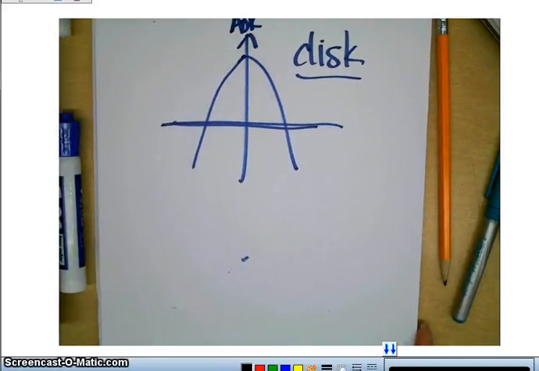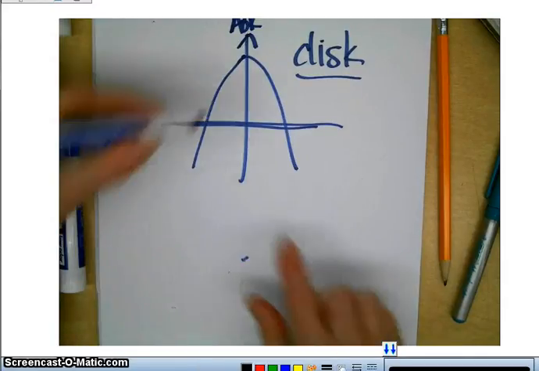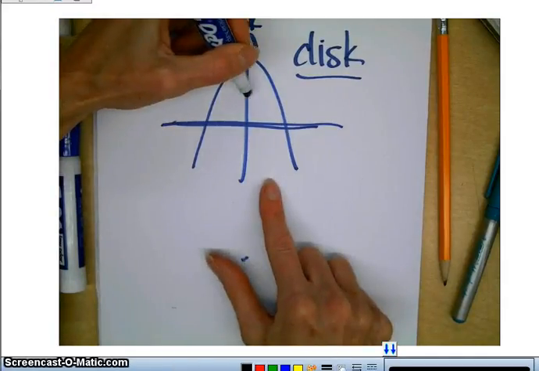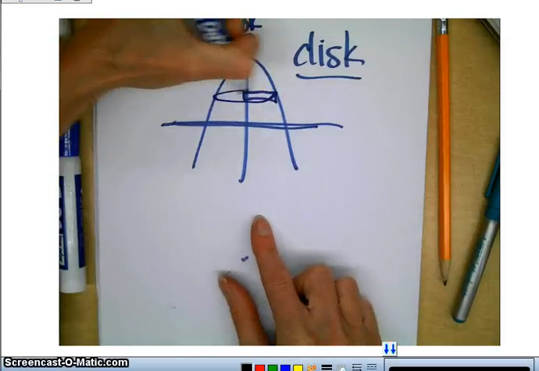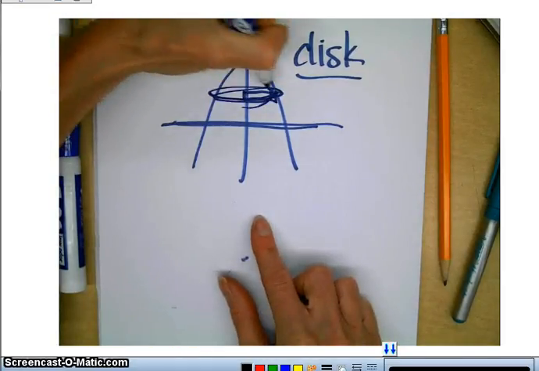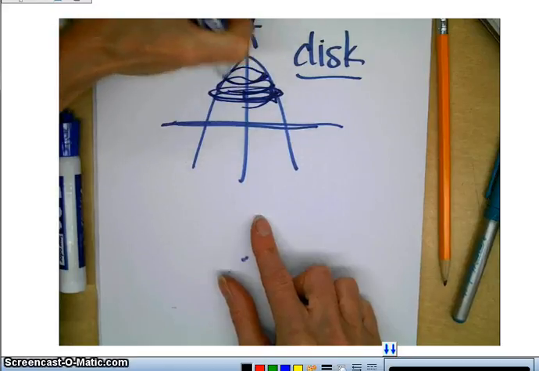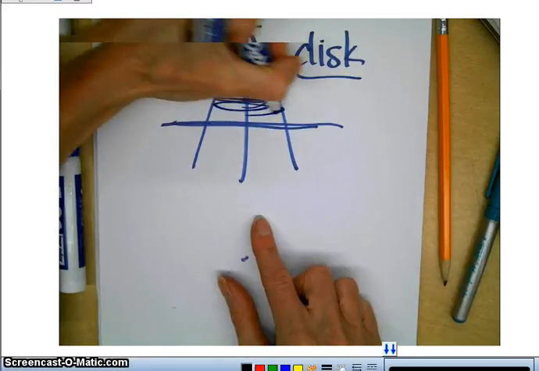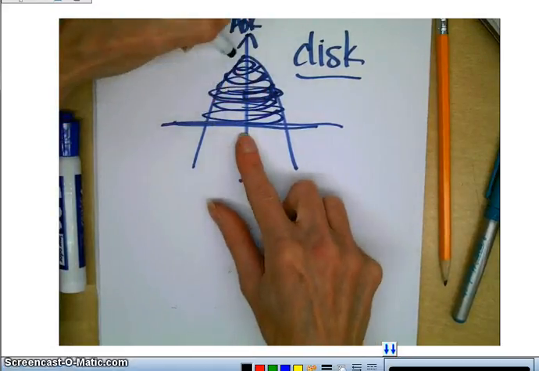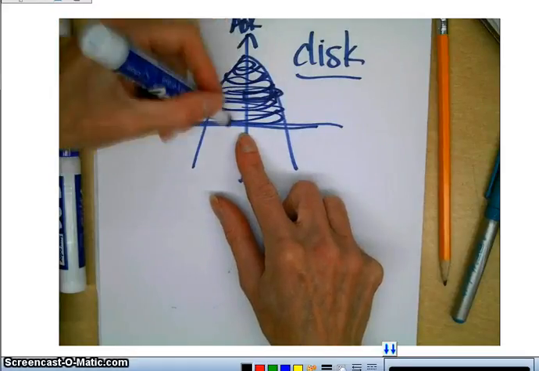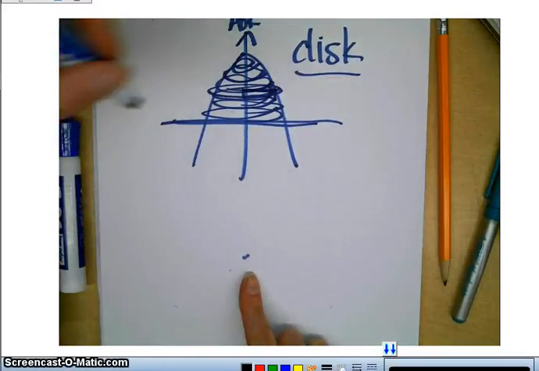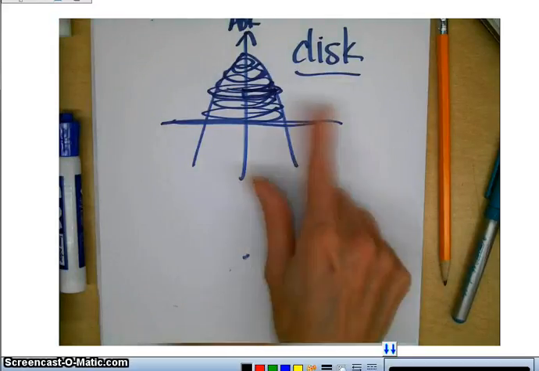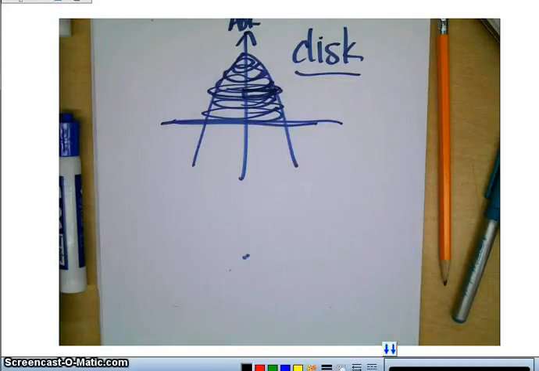I would draw my disk perpendicular to my axis of revolution. And I'd basically be finding the volume of all these little disks and adding up all of their volumes. Okay, and that's the disk method. It's perpendicular to the axis of rotation.